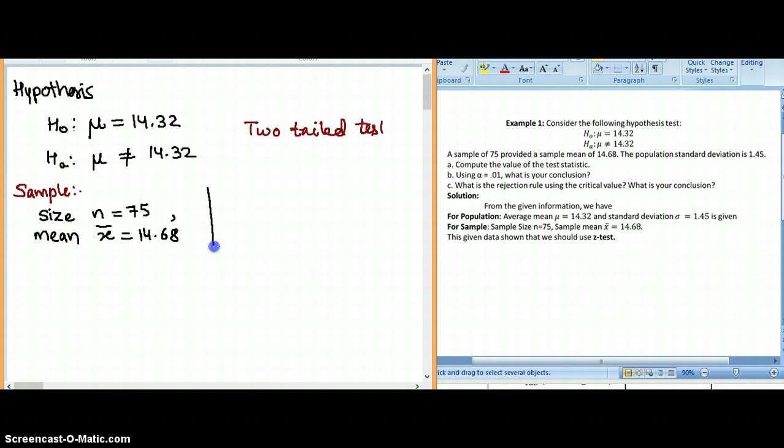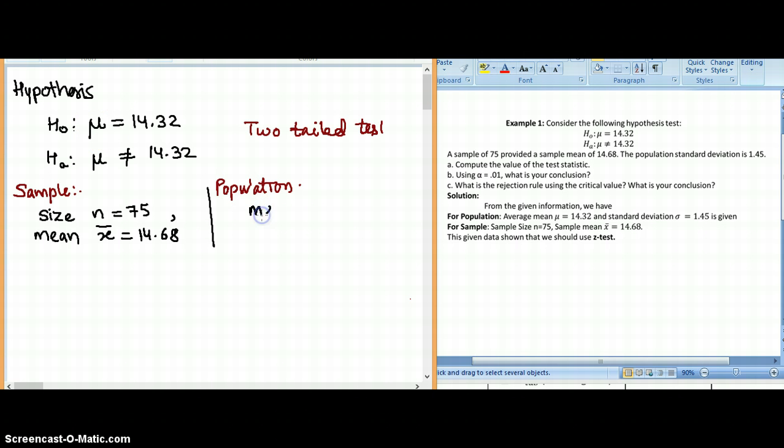Now, next thing. The population standard deviation is 1.45. So let's see about population. From population what is given? Standard deviation. Also we know that in the null hypothesis, this mu represents the mean of population.